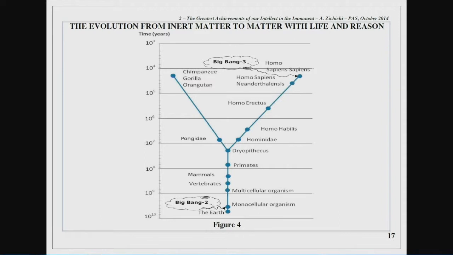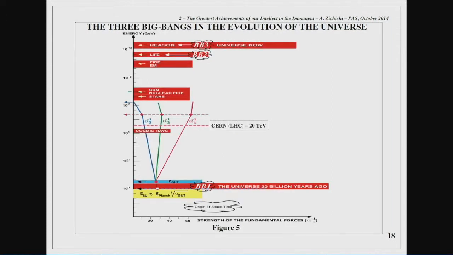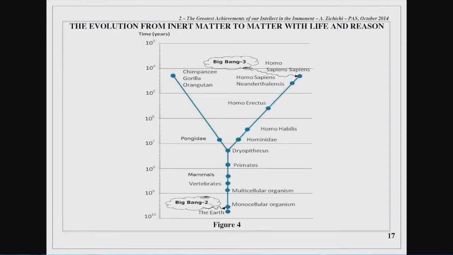And then on the top you have the Big Bang tree, namely when the form of matter with life was given reason. This is the same story, but versus energy. This one is versus time.